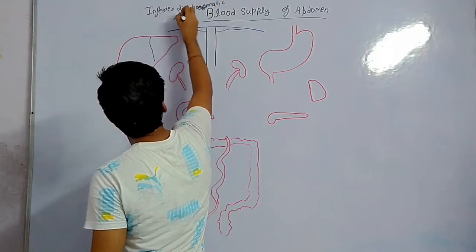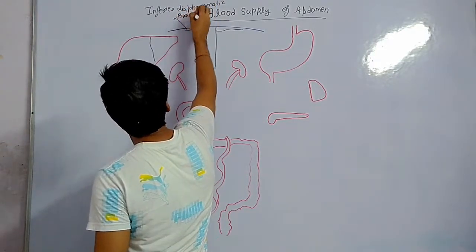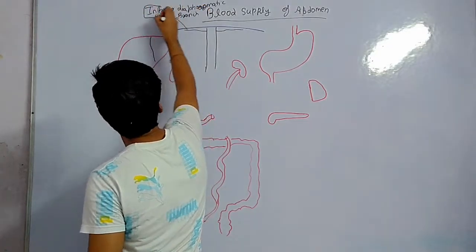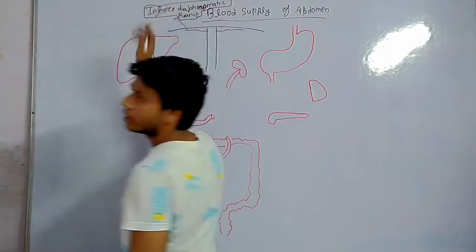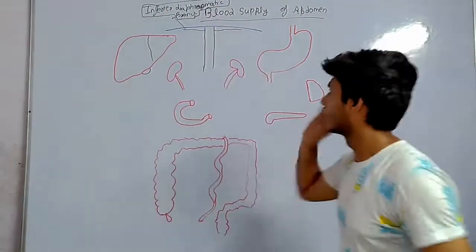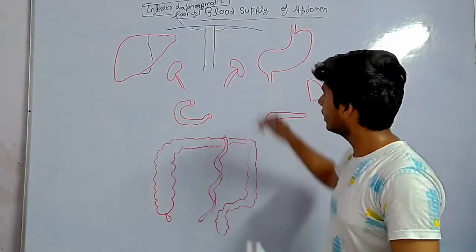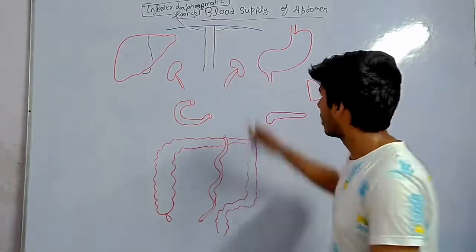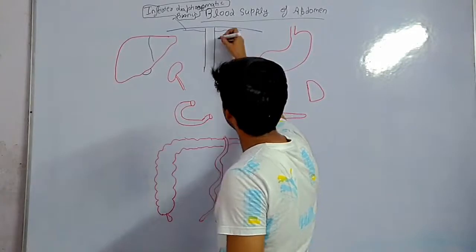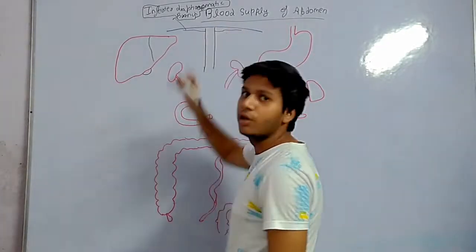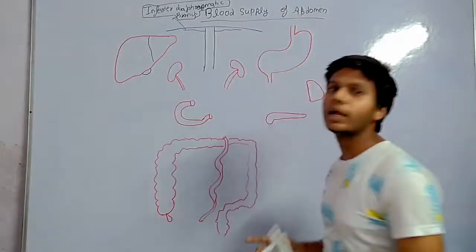Branches on both sides. The first thing it supplies is the inferior surface of the diaphragm, the first part. Then again we come downwards, and there are some more branches, a trunk which supplies the foregut and midgut.